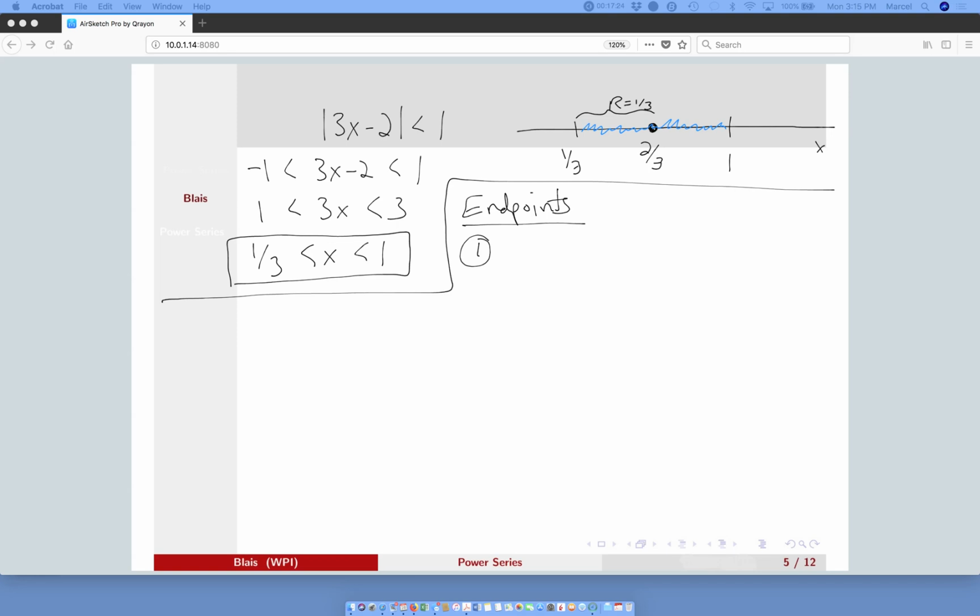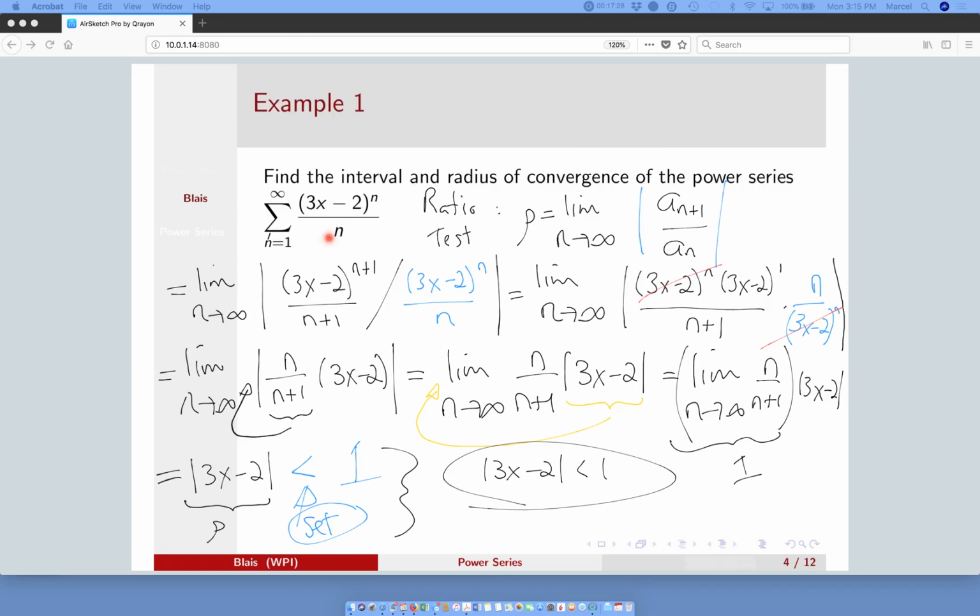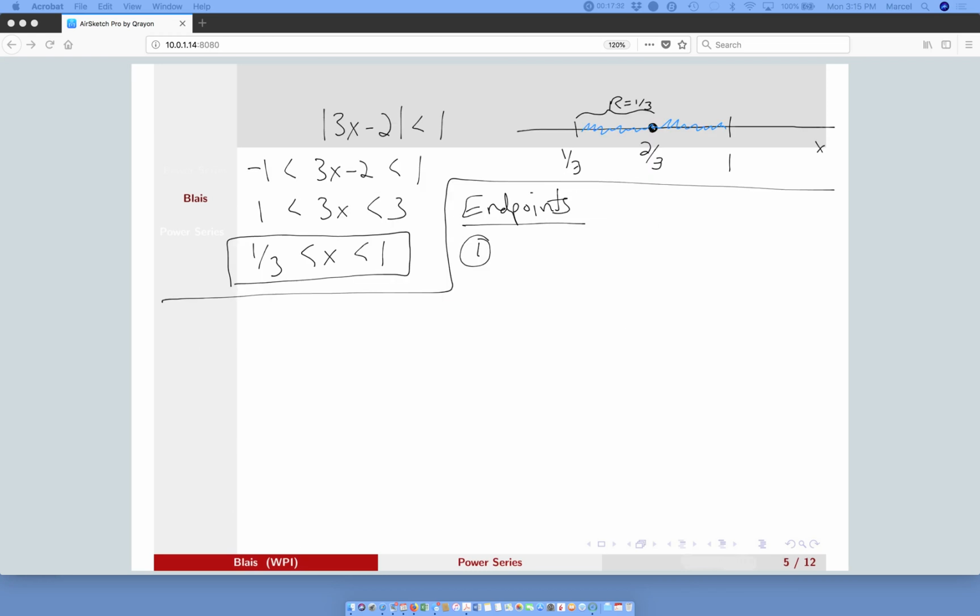And so recall our series, (3x minus 2) to the n over n. So we have the sum n equals 0 to infinity, (3x minus 2) to the n over n. And we need to handle each of these one at a time. So first, we look at the right-hand endpoint.